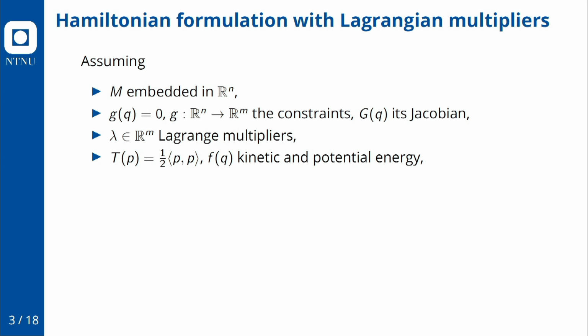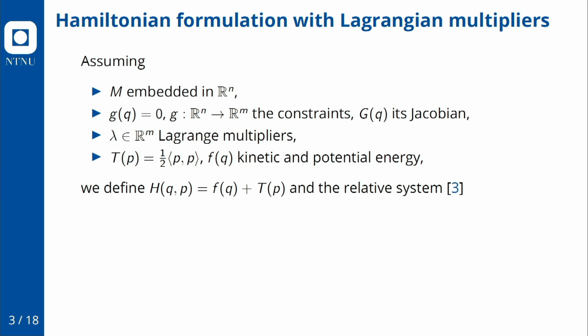we see it as the potential energy of a mechanical system. So this potential energy just depends on the positions q. And we also consider a kinetic energy. What's important is that it just depends on the momentum p, and in this case I've chosen the usual one.